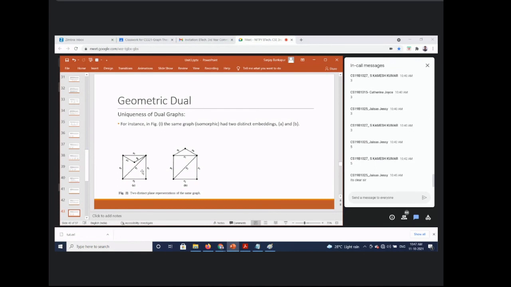That's the only difference. They are isomorphic to each other. Now, with these 2 graphs, if I create a geometric dual for graph A, I will get GA star. If I generate the geometric dual graph for B, GB star. Whether GA star and GB star are isomorphic to each other, or they are unique, is the question to be answered. Any answers? Any guesses? Because only a guess can be made until we understand it.